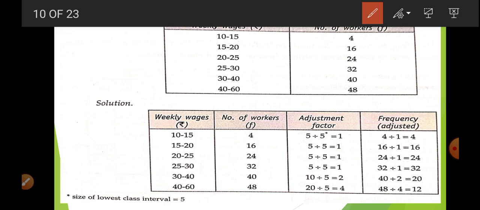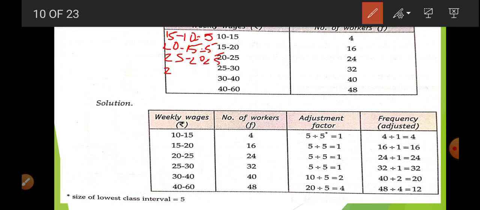Okay, here in this example you can see that in the first class, when we calculate the class interval, the upper limit is 15, the lower limit is 10, यानी कि the difference will be 5. Next, 20 minus 15, so again it will be 5. Now 25 minus 20, again 5.